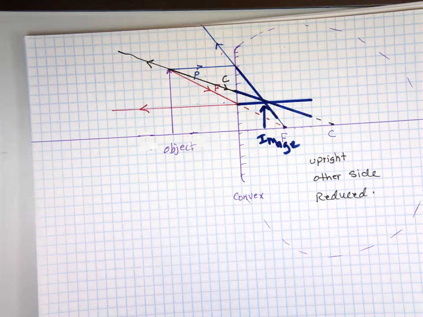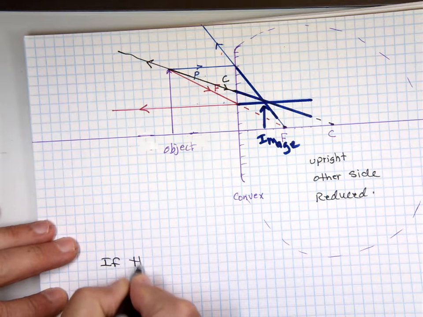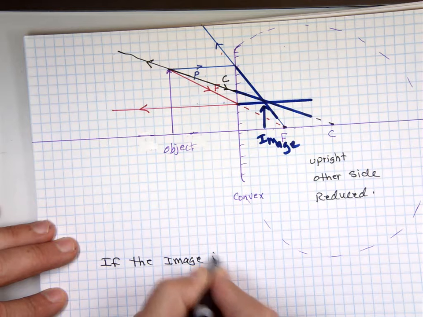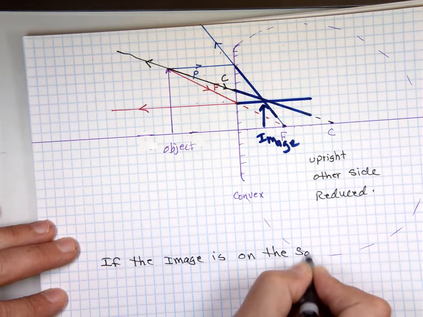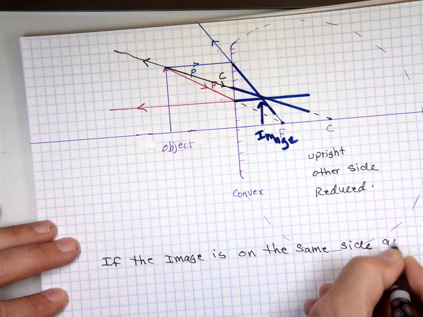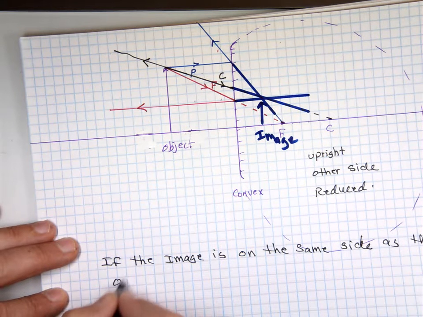Now, if the image shows up on the same side as the object, I'm going to write this, is on the same side as the object, we call that real image.